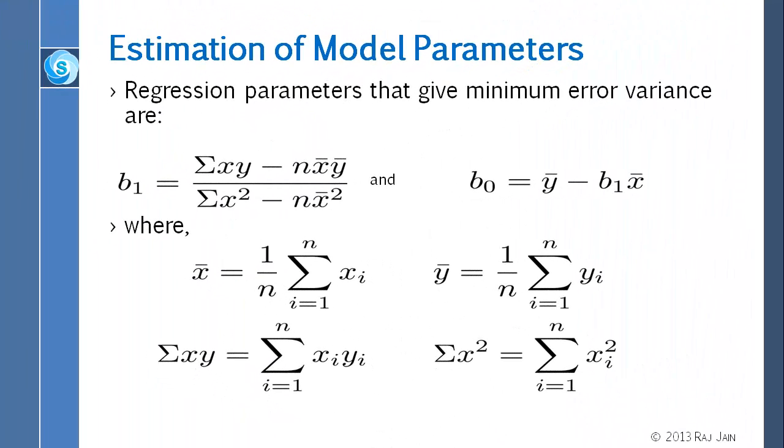So we did that, and we came up with b1 is sigma xy minus n x bar y bar divided by sigma x squared minus n x bar squared, and b0 is simply this. x bar is the mean of x, y bar is the mean of y. Sigma xy is simply the sum of xi yi, sigma x squared is the sum of x squared, and so on, the common meanings.